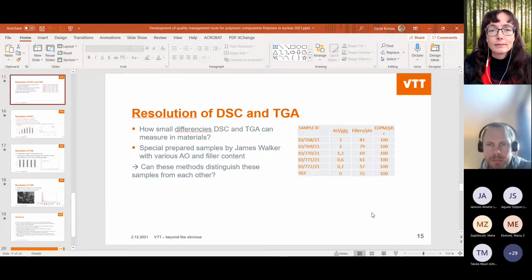That could be quite a big difference due to what color you use. And sometimes the color, if you take carbon black, for example, is a protection from ultraviolet light.